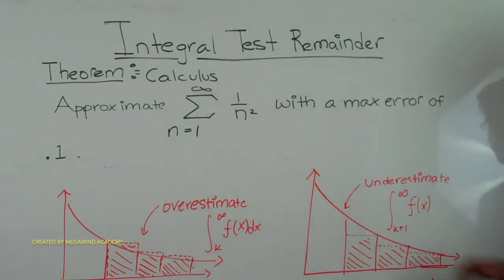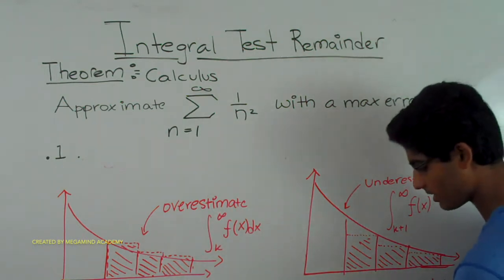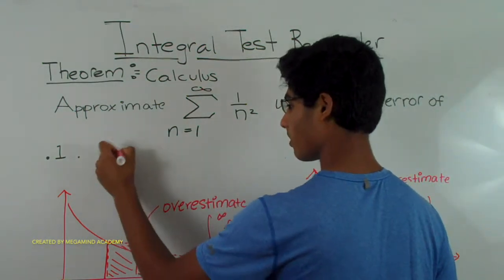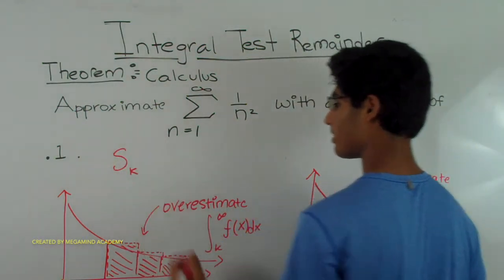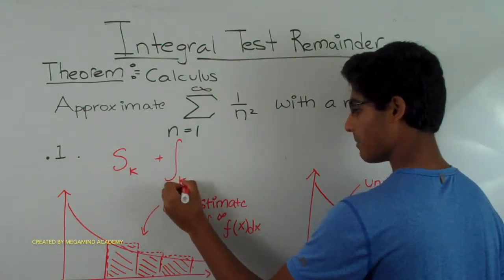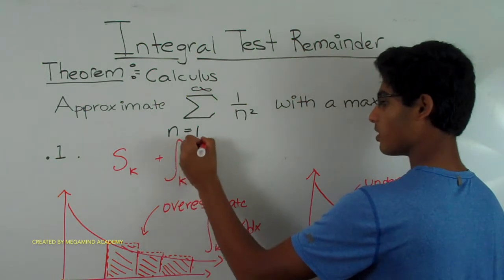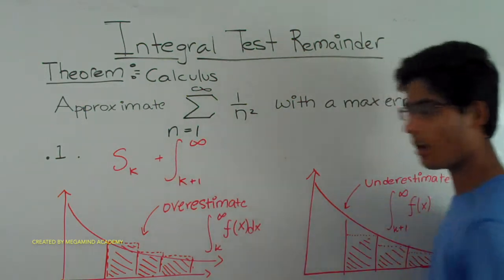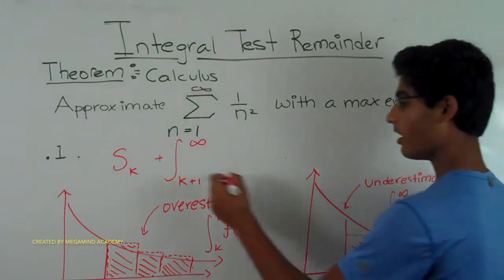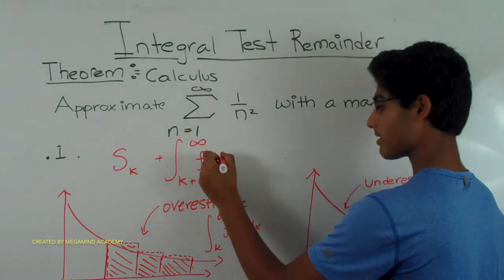So let's write this down first. You have the partial sum up till this value k. So you have s sub k. Remember, it's a partial sum till k, plus the integral from k plus 1 to infinity of f of x dx.